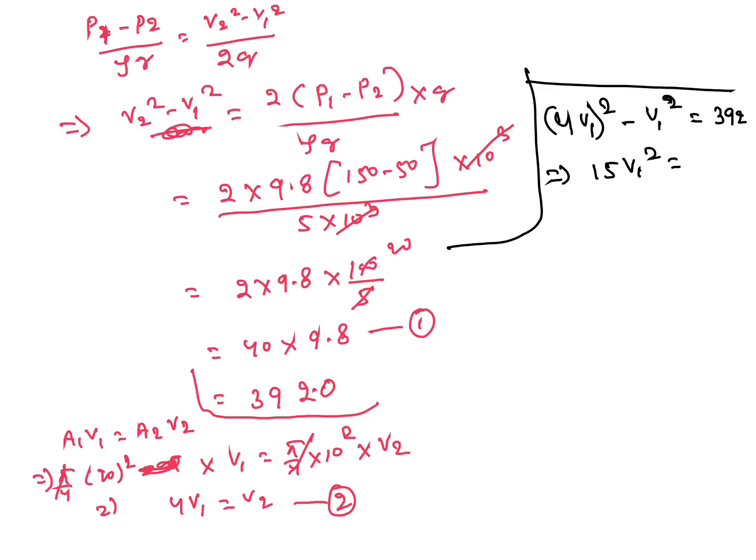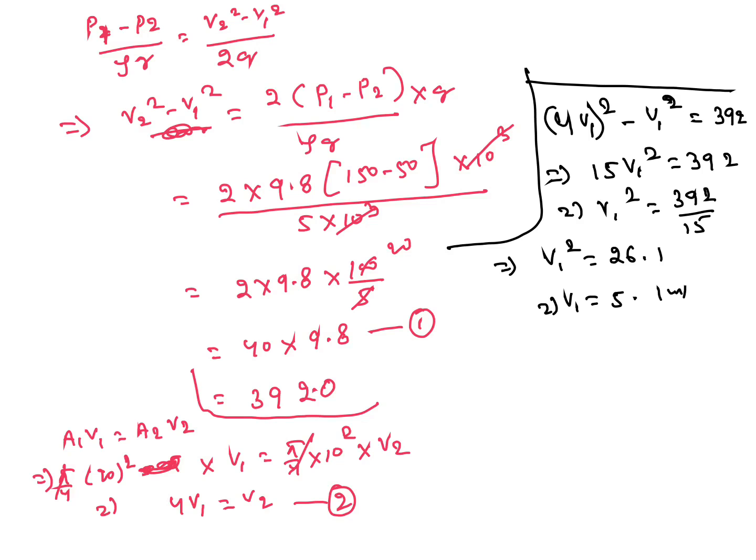So V1 square equal to 392 by 15. It will come 26.1, so V1 is nearly 5.1 meter per second. So for discharge calculation we will do Q equal to A1 V1. A1 is pi by 4 into 0.2 square, into V1, which is 5.1.